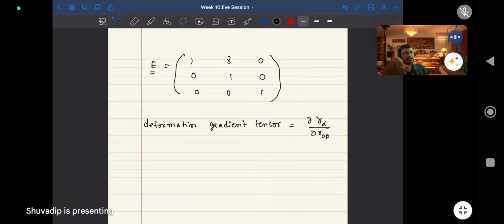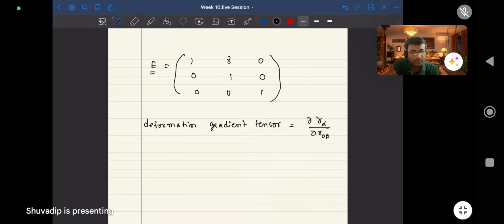So basically, if there are three values of alpha and beta, there will be a total of 9 components of this whole matrix. If we expand this, alpha is equal to x, y, and z, and beta is equal to x, y, and z, where 0 represents the initial state.